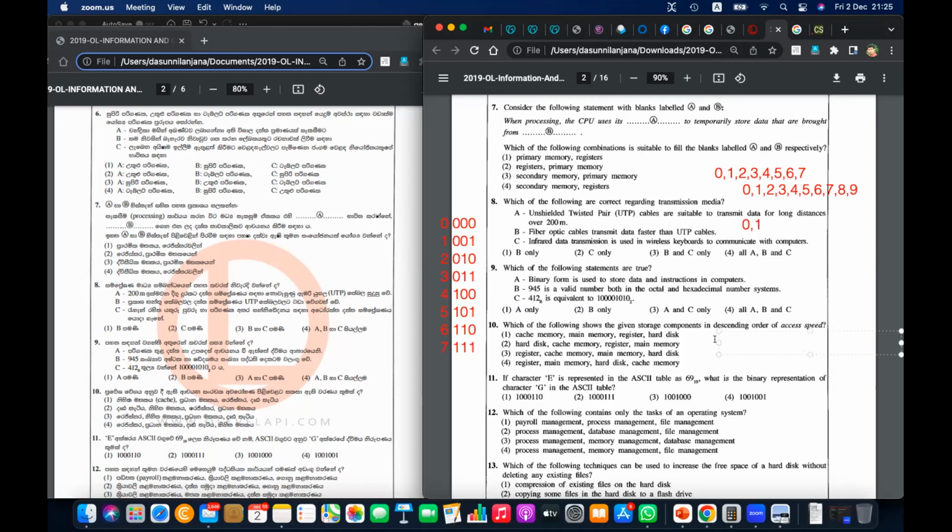How to convert 412 then? 4 means 100. 1 means 001. Then 2 means 010. So these are the digits. Is it correct? 1, 0, 1, 0. How many zeros are there? 1, 2, 3, 4. It's correct, right? Then A and C are correct answers. So question number 9, 3 is the answer. A, C correct. Question number 9. Yes, Timasha, it's correct. Rashini, correct.